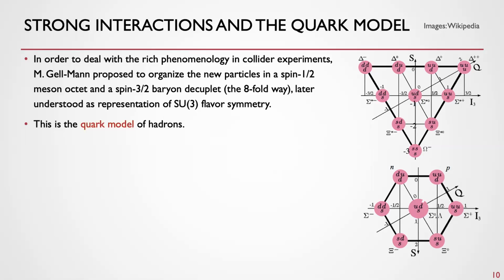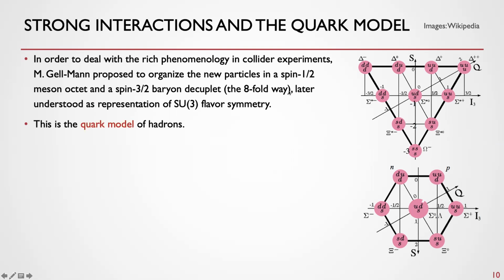And at first, many particles were discovered and could not be systematically organized in any way. So there was a rich phenomenology, many particles and decays that were not understood.